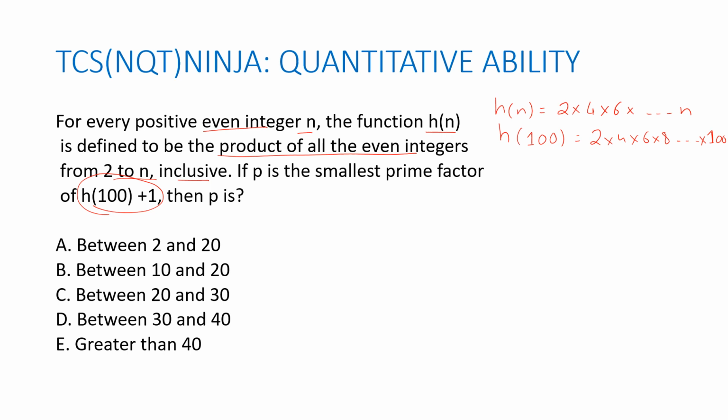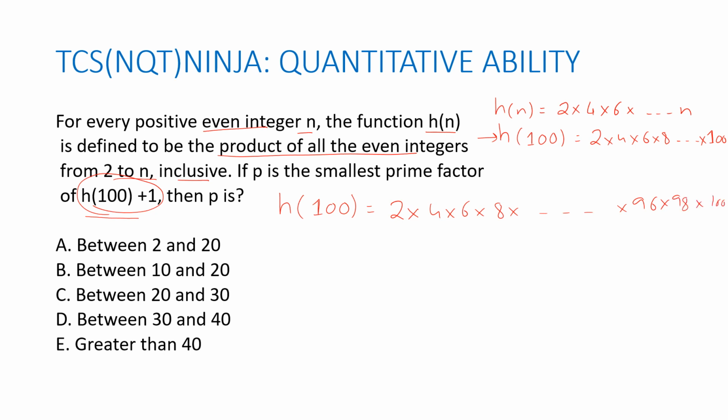But for the moment, I'll just forget this and let me focus on H100, where things are more visible. So let's say I wanted to find the smallest prime factor for H100. If I want to evaluate H100, it is 2 into 4 into 6 into 8 into, and so on, you go on and on, 96, 98, and 100.